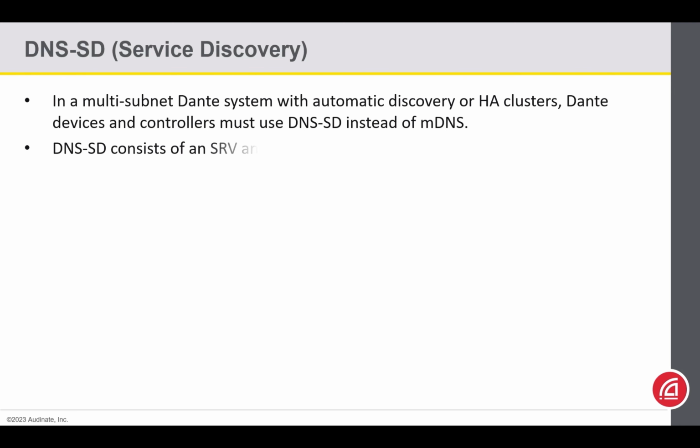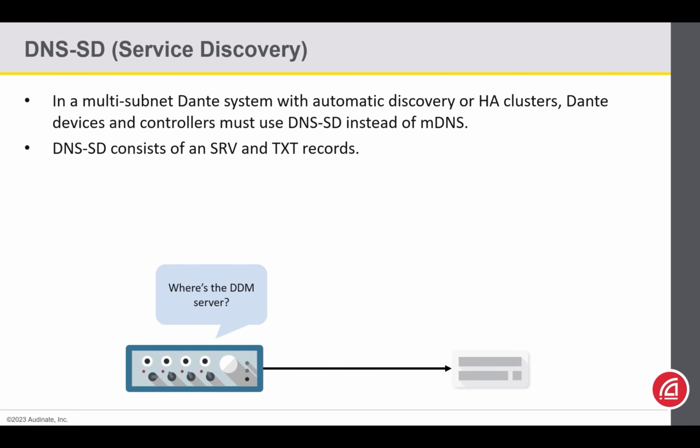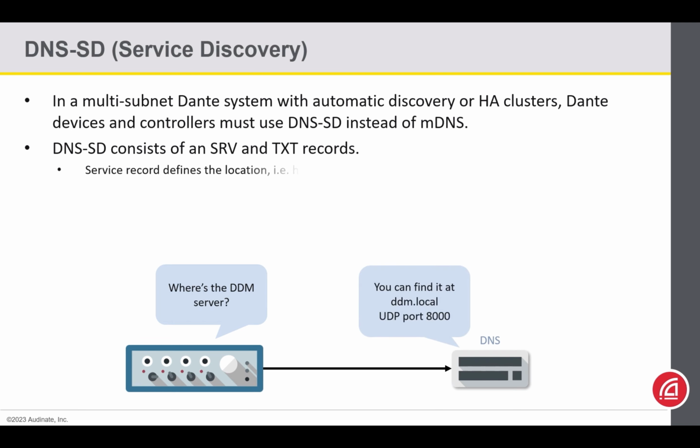DNS service discovery basically consists of two types of records: service or SRV records and text or TXT records. A service record is a specification of data in the DNS defining the location, for example, the host name and port number, of servers for specified services, for example, Dante. And a text record always has additional information, which in this case is empty.